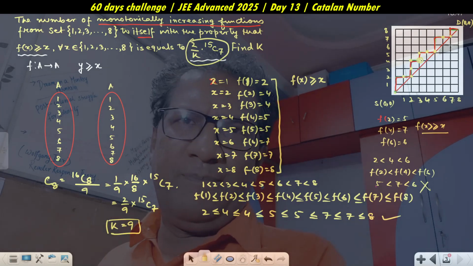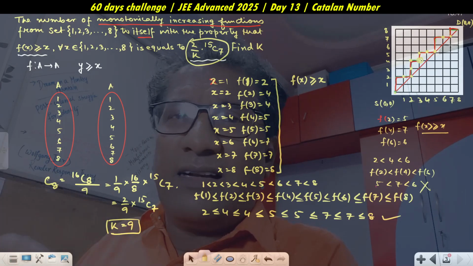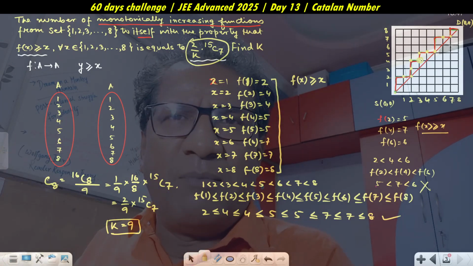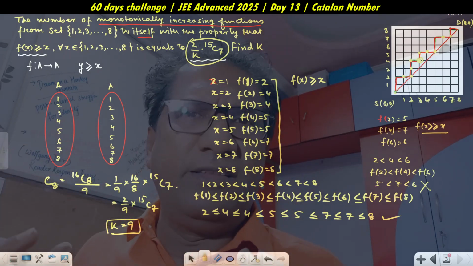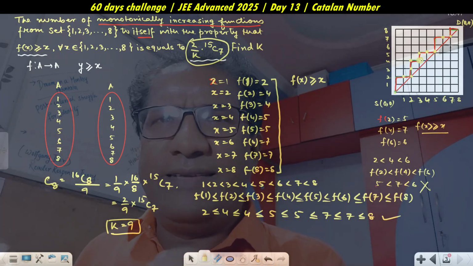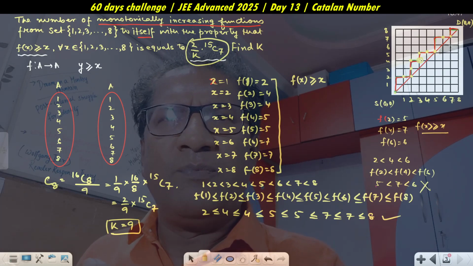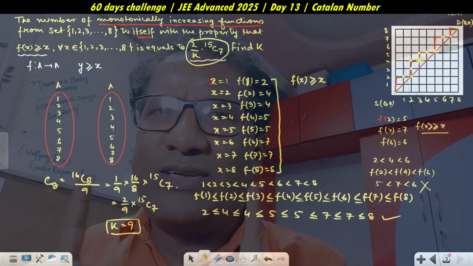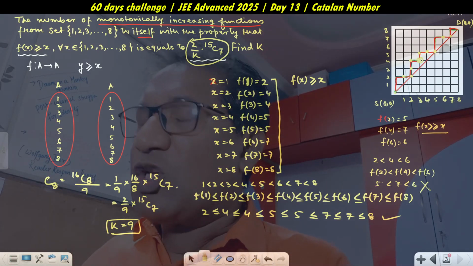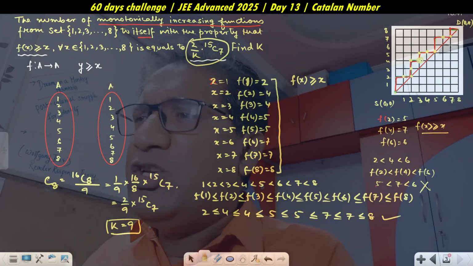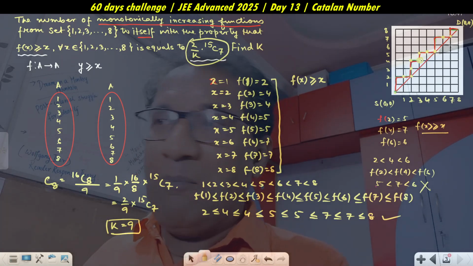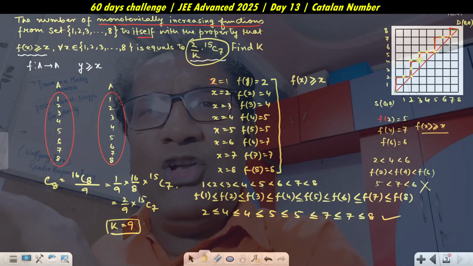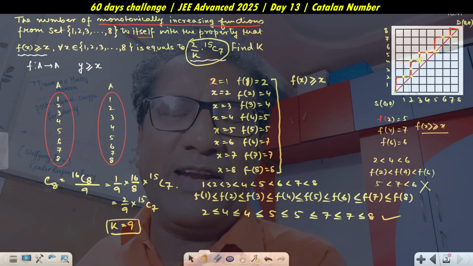That's it. So if you know the Catalan number, and if you can understand that this is a question of Catalan number, whenever you find that the question is above or below the diagonal, I always think about Catalan number. Right? So, if you know the Catalan number, you can do it in minutes. But if you don't know Catalan number, then you have to do a lot of permutation and combination to get the answer.